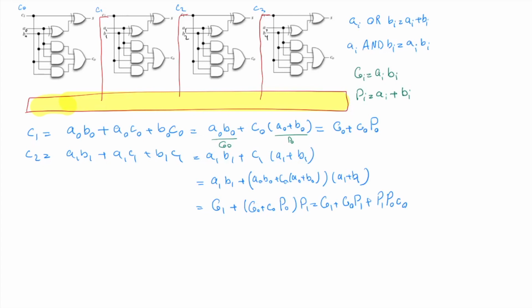Now why is this a nice equation? Think about computing this. For computing this, you need C0, which you have at the beginning. C0 is the only one that you have in the beginning. You need these P0s, P1s, and G0s, right? You need all of those.